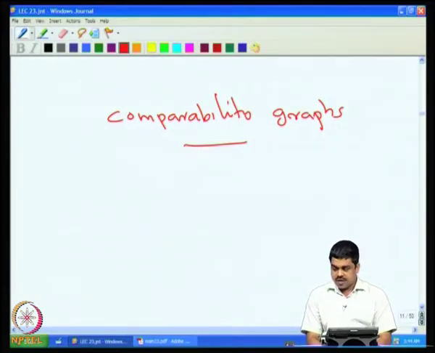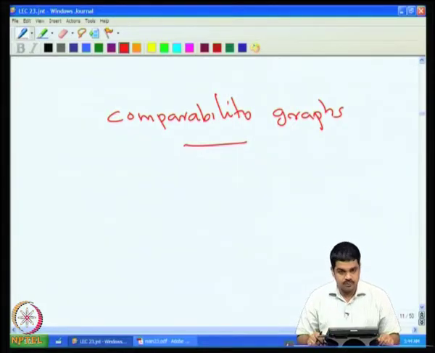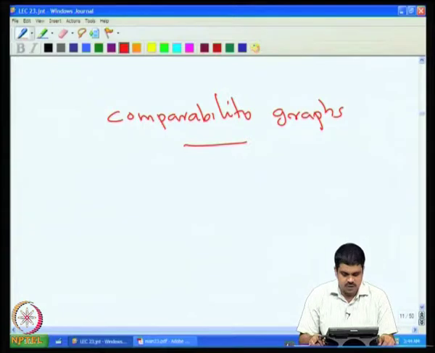Why? Because if you can transitively orient the entire graph, the same transitive orientation will work for an induced subgraph also. So, if a graph is a comparability graph, any induced subgraph of it is also a comparability graph. So, therefore, we do not have to worry about the complicated condition about the induced subgraph.